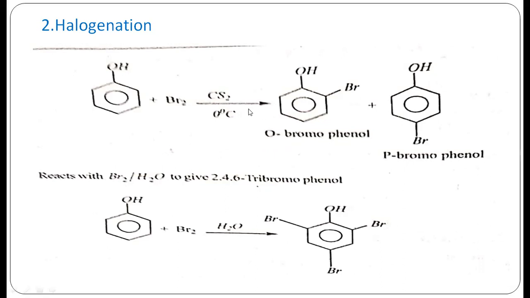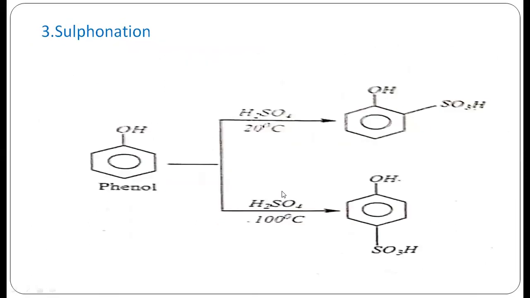That means it depends upon the reagent. The reactants are the same, phenol and bromine, but the reaction conditions differ. As we all know, the OH is an electron donating group, so more electron density is present at the ortho and para positions. Depending upon the reaction conditions, either these products or those products will be generated. All these reactions are examples of electrophilic substitution reactions.